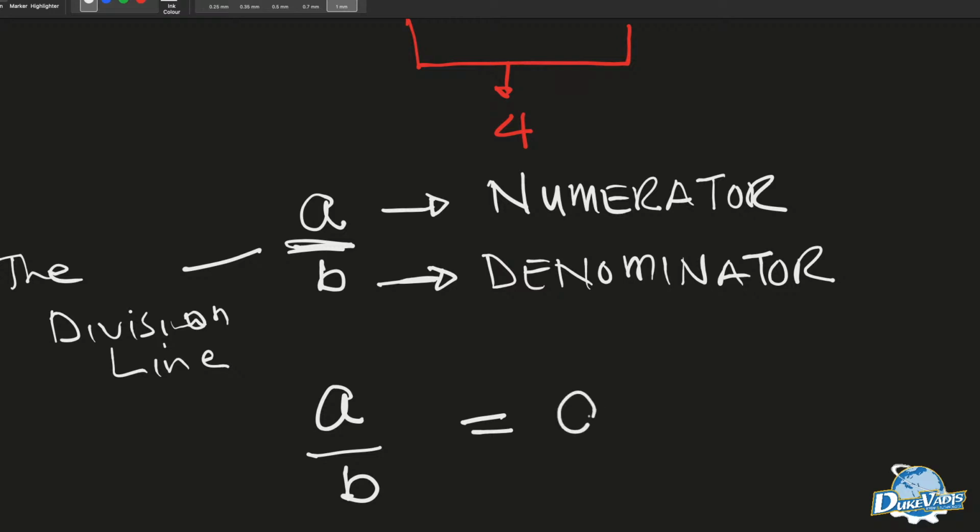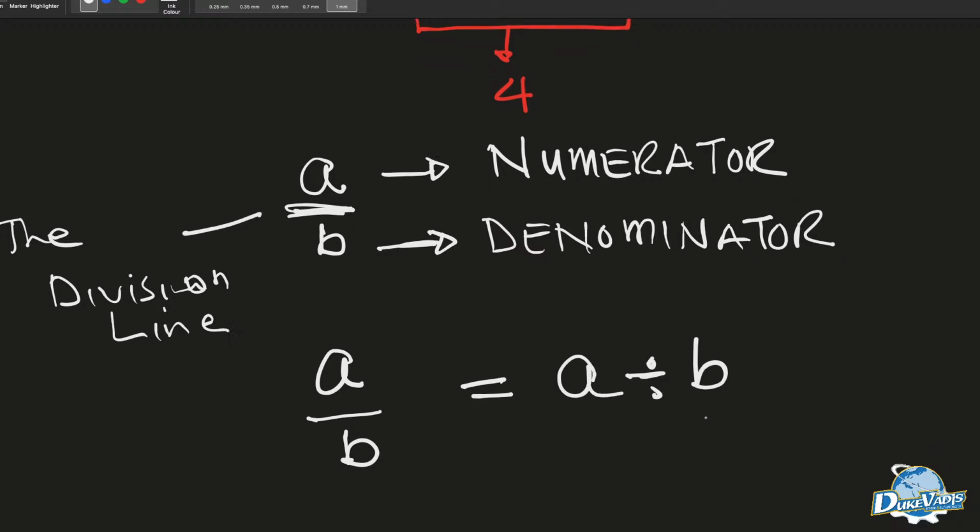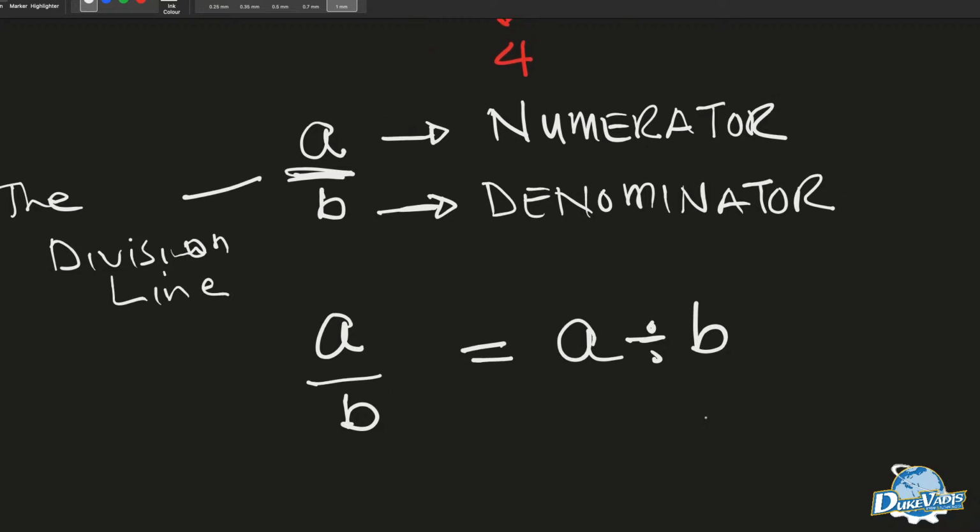So if I have been given the number 7 over 9, this same number can be written as 7 divided by 9.